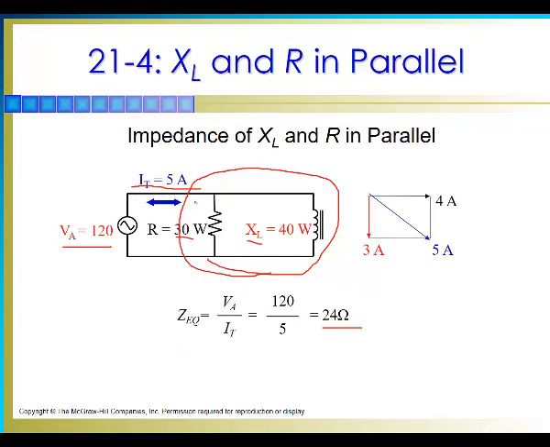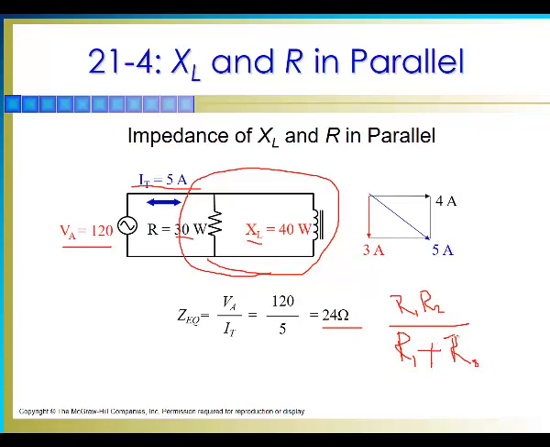Remember also that in parallel, if that was a purely resistive circuit, it would be R1 times R2 divided by R1 plus R2.